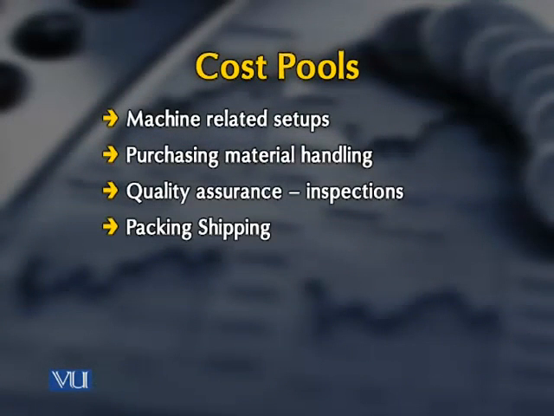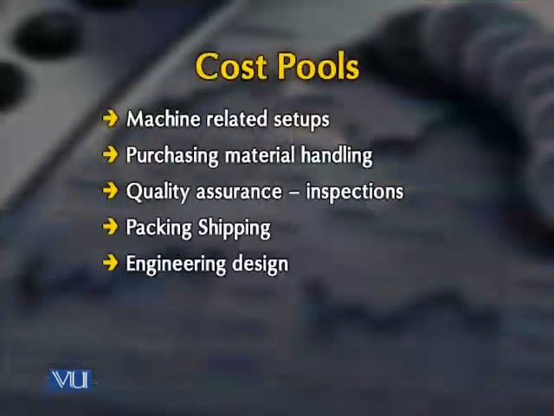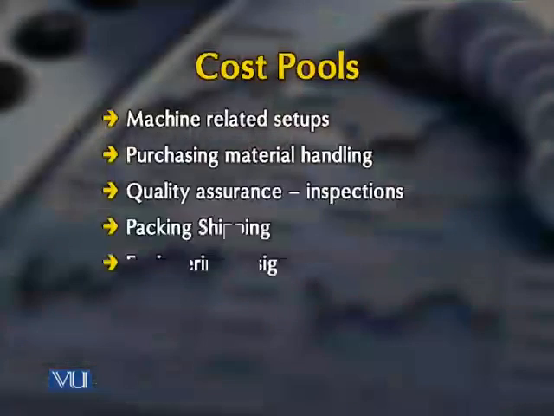Then packing and shipping. Packing has different types, small packing, large packing, containers and so on. And similarly shipping, so we have another department, another cost pool, that is shipping. Engineering design is always there, because in a production department there are always engineering drawings, and that is another cost pool.